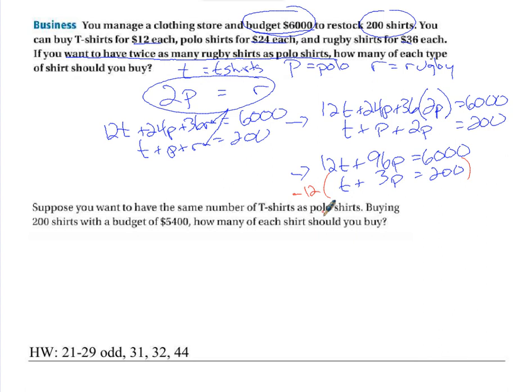When I do that, I don't have any room, so I'm going to write below. I get the same top equation, 12T plus 96P equals 6,000. Bottom equation, negative 12T minus 36P equals negative 2,400.